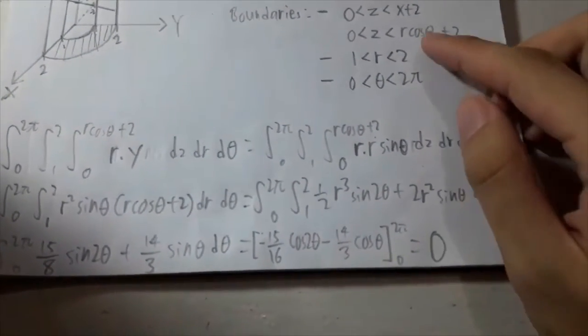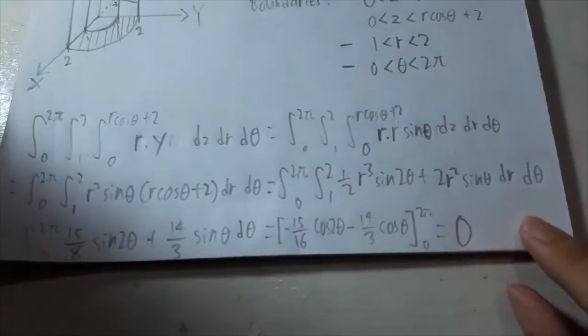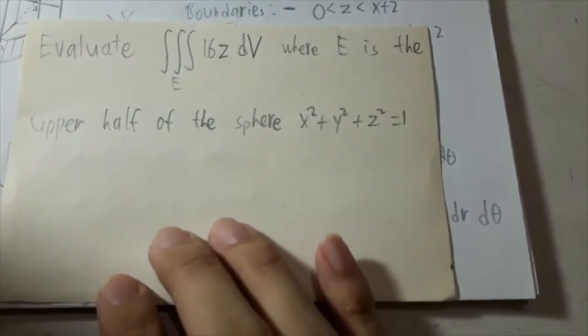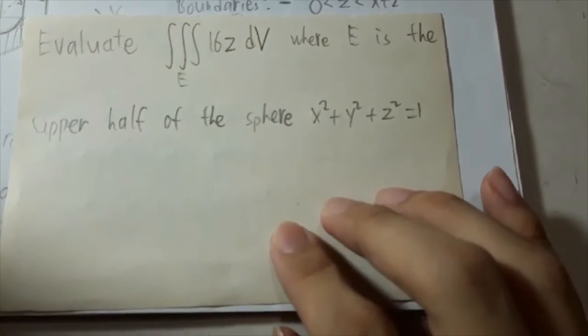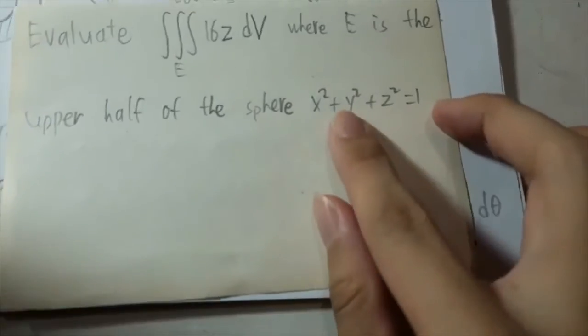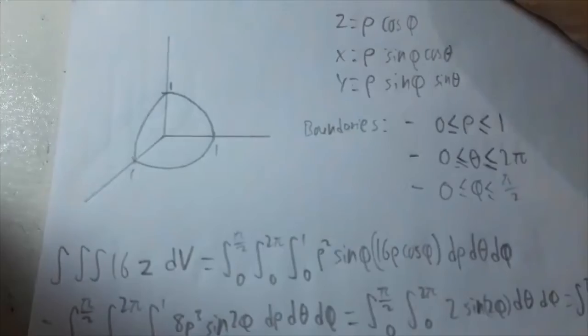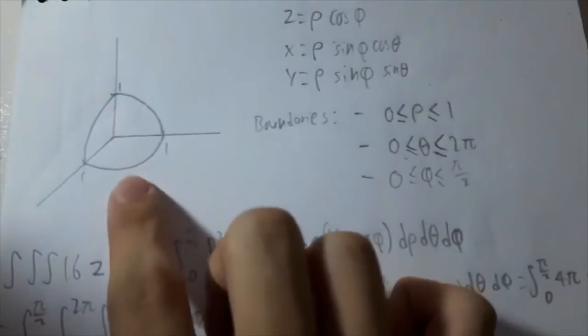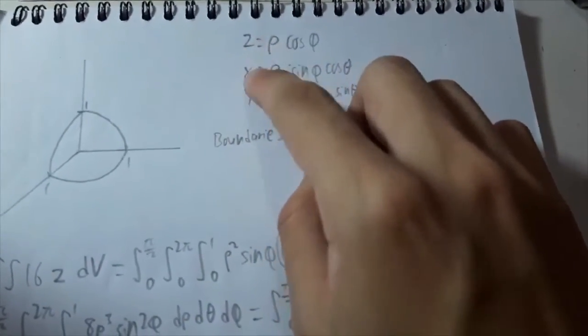After you have done the boundaries, you just put them inside the integral. And for the next one, this is the problem for the triple integral in spherical coordinates. The first thing you need to do is to see this equation and draw it out. This is the rough sketch of x squared plus y squared plus z squared equals 1. We also have to do the conversion functions for z, x, and y.